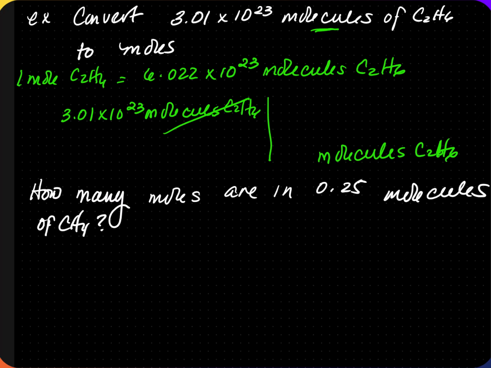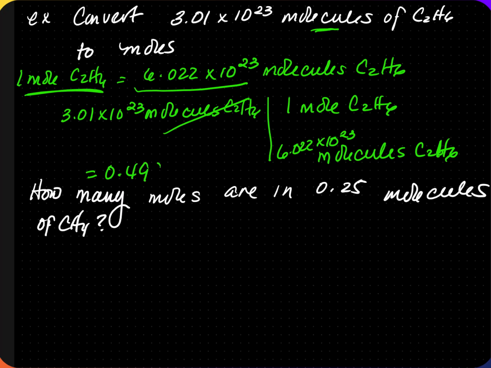The number in front of molecules is 6.022 times 10 to the 23rd, so we write that in. What is that equal to? It is equal to 1 mole, so that goes on top. So we need to multiply 3.01 times 10 to the 23rd times 1 divided by 6.022 times 10 to the 23rd. If you calculate it, you should get 0.49983. For significant digits, the exponent doesn't count, so we look at the first set of numbers.